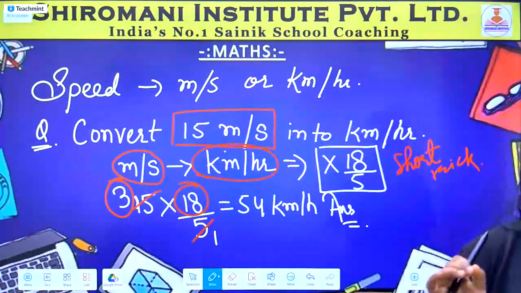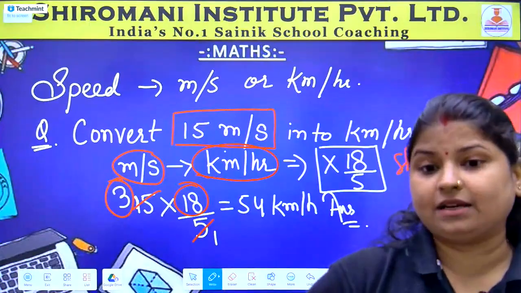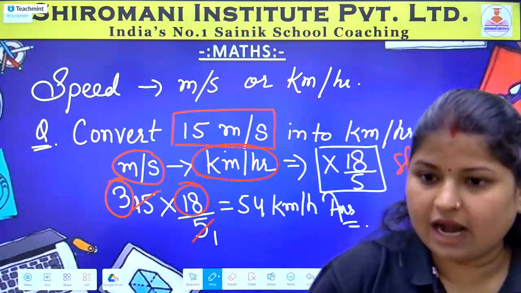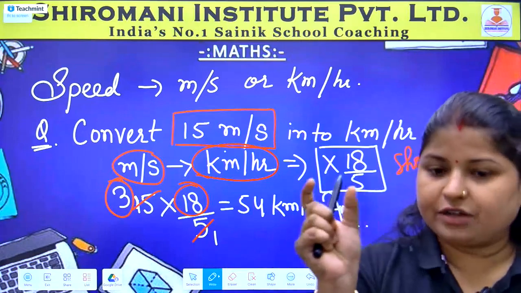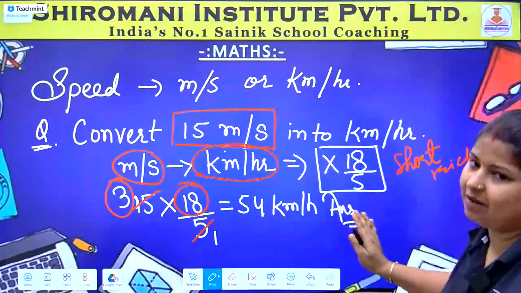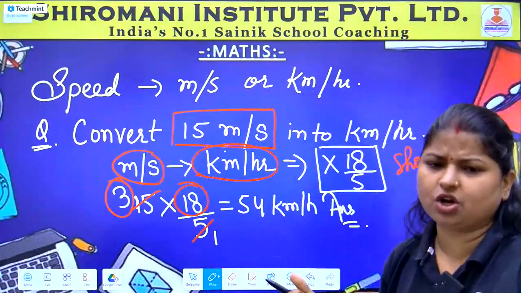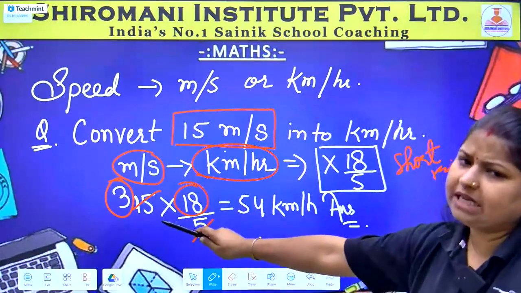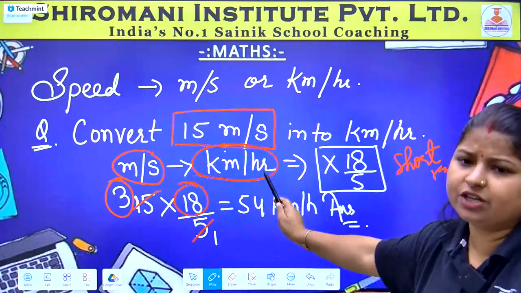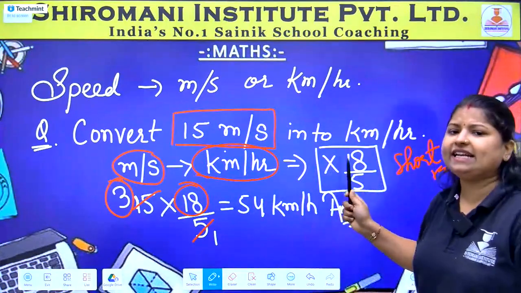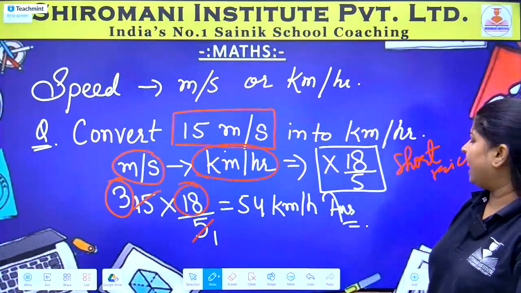It's the short trick, because if you convert kilometer into meter and then second into hour, after solving that you have 18 by 5. So we will not go for that concept. We'll just quickly learn the short trick, that when meter per second is converted into kilometer per hour, just multiply by 18 by 5.